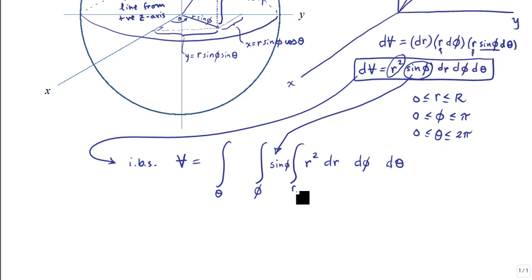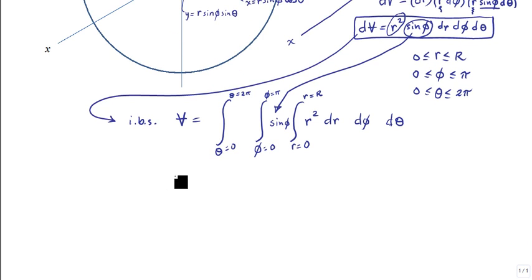Now let me fill in the limits of integration. r runs between 0 and cap R. Phi runs between 0 and pi. And theta goes between 0 and 2 pi. Beginning with the first one, theta is 0 to 2 pi and phi is 0 to pi.